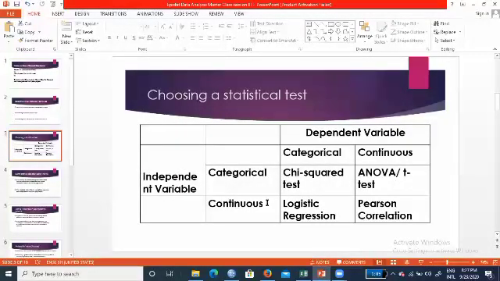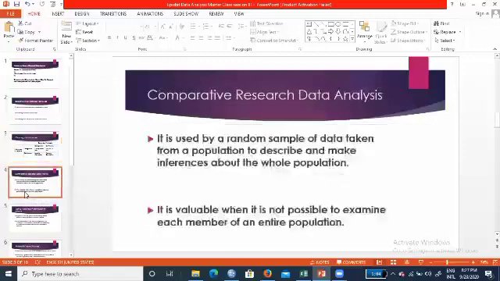Likewise, if you have a continuous dependent and independent variable, we go for Pearson's correlation, and a categorical dependent variable with an independent variable of continuous nature, then we go for logistic regression. We can always come back to this table to know which statistical test you are to use.